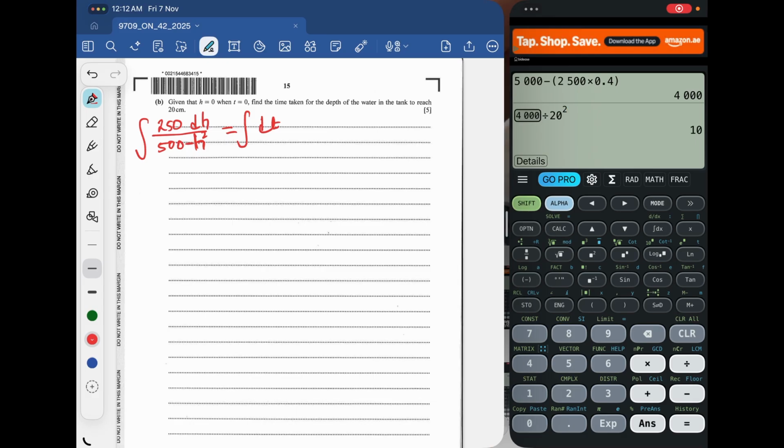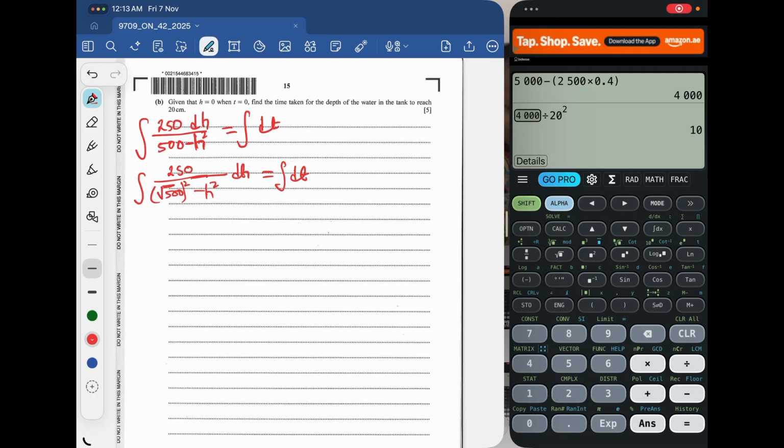Now the question is, how do I integrate the left hand side? This is where we can use a technique. They hardly ask this kind of question, but I can rewrite this as the integral of 1 over square root of 500 squared minus h squared dh equals the integral of dt. You should know the integration I want to use now. You check your MF19.